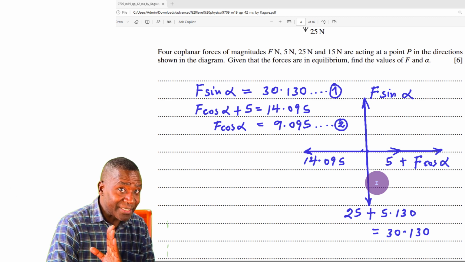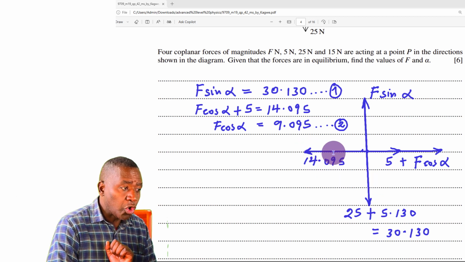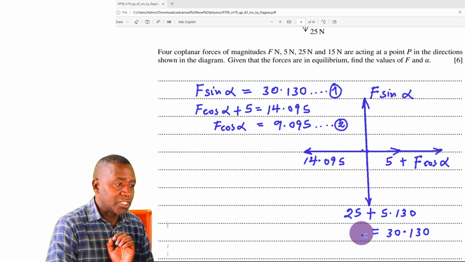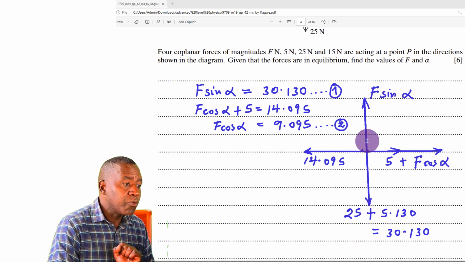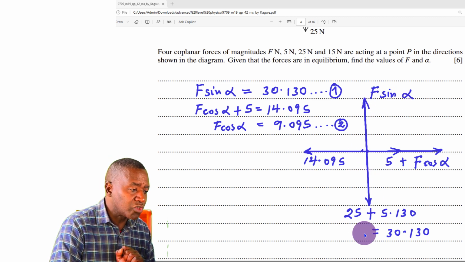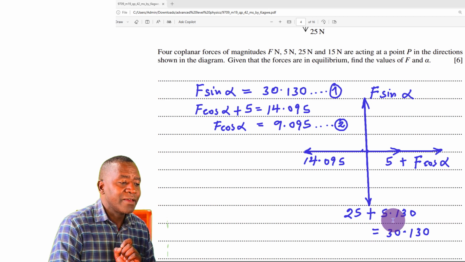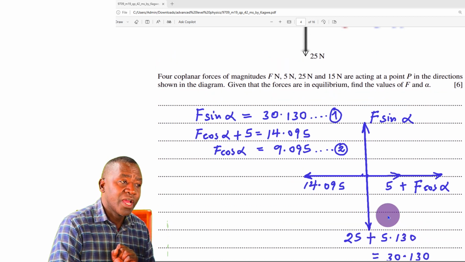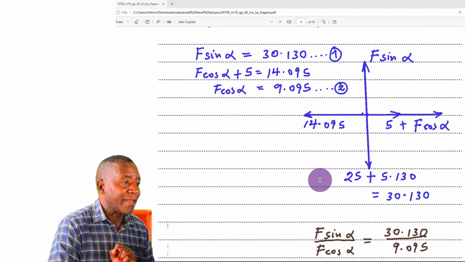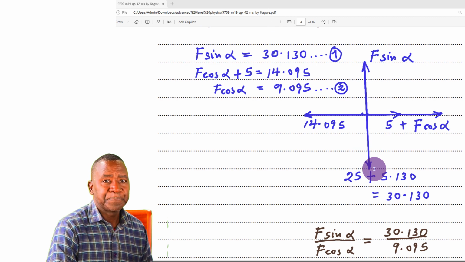When that is the case, you can treat horizontal forces independently of the vertical forces. For example, you can say the sum of the upward forces, which is F sin theta, is equal to the sum of the downward forces, which is 25 plus 5.130. How did I get 5.130? I got the component of 15 sin 20, which is 5.130. I add it to 25. And that is what I have here.